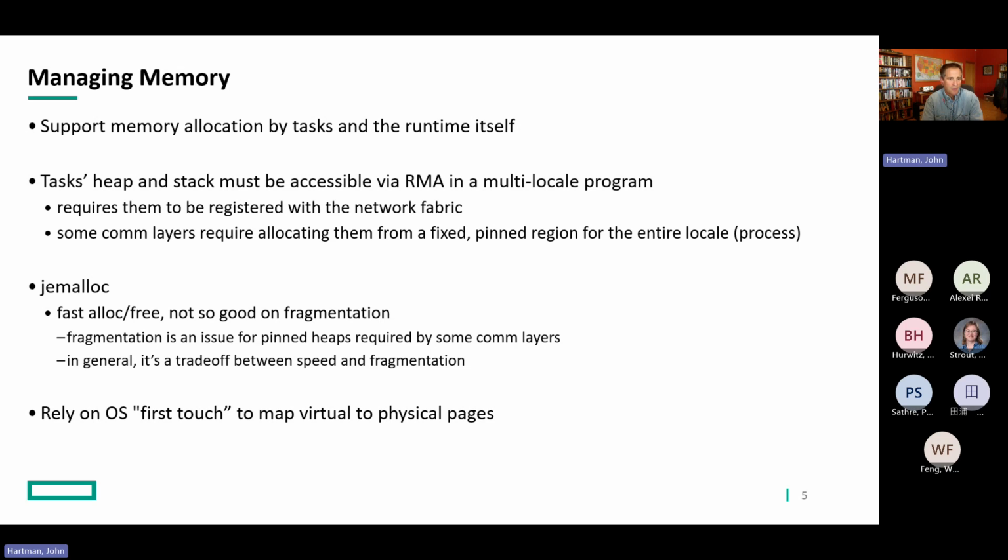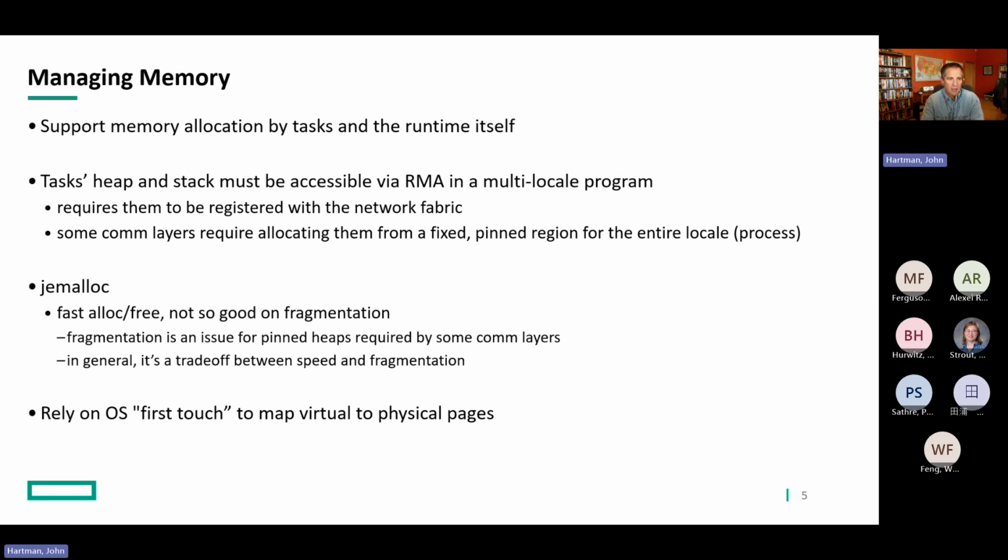So the network fabric needs access to the memory. We have to register them with the network fabric. And then to make things even more confusing, we have different comm layers for different network fabrics. And so some of them require things to be allocated in a particular way than others do. So there's a fair amount of complication associated with the interaction with the network layer.